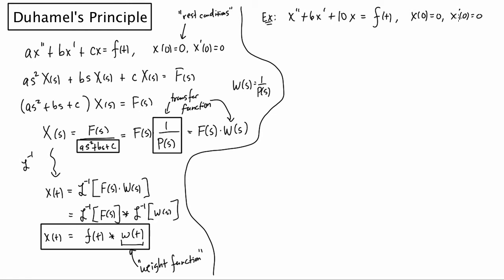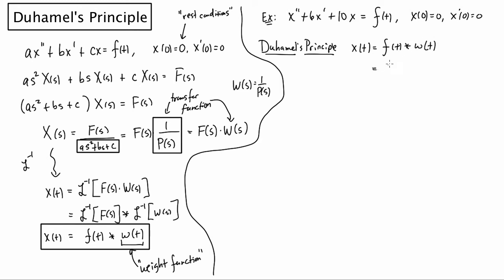Well, if you take a look at what we ended up with as our answer here, this process is called Duhamel's principle. Duhamel's principle says that the solution is nothing more than x of t is equal to f of t convolved with the weight function.